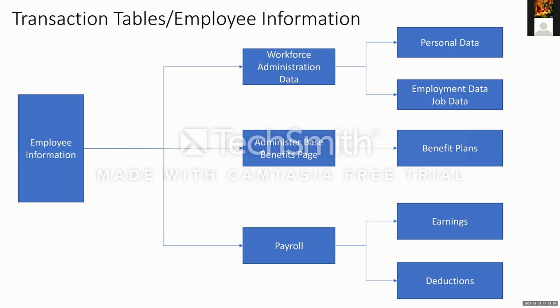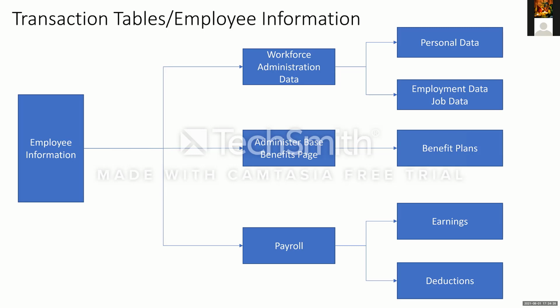That means this page will fetch all the benefit plans associated to an employee. That means if an organization has a medical plan, health insurance plan or a life insurance plan, whatever plan the company provides, that will be associated to a respective employee, because employee will select the plan, right?